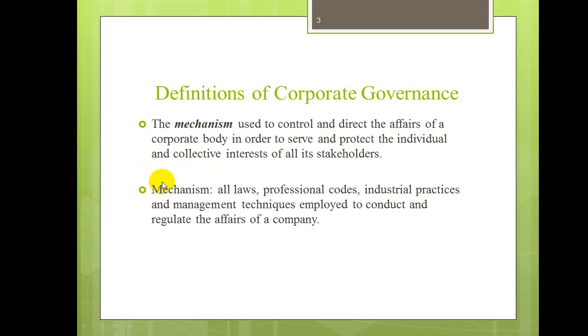Mechanism means rules, regulations, professional codes, industrial practices, and management techniques employed to conduct and regulate the affairs of the company. So through rules and regulations, the corporate governors can protect the individual or collective interest of all its stakeholders.